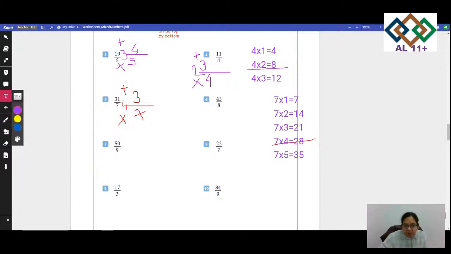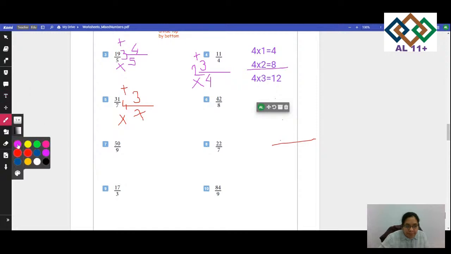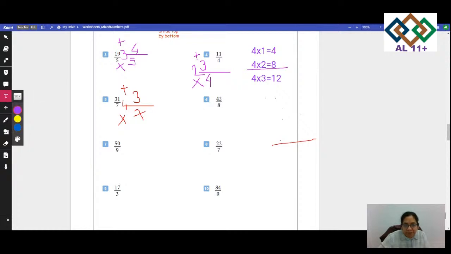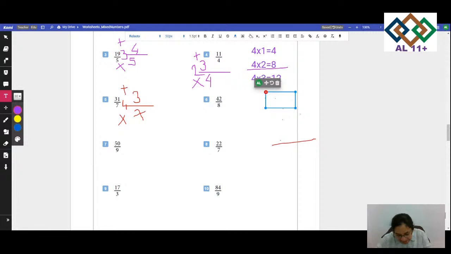So let's do the next fraction now. The next fraction is 42 by 8. So again, we have to do our 8's table now to see the closest we get.